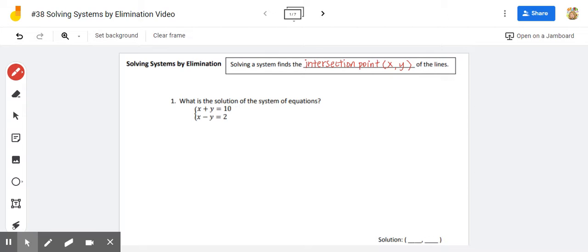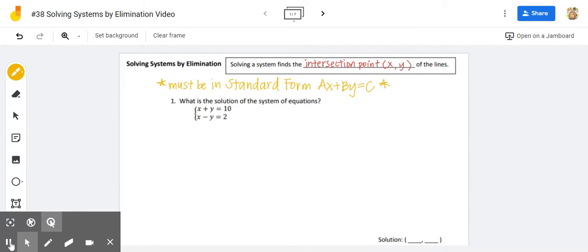So in order to solve these by algebra, first and foremost, you need to make sure that your equations are in standard form. Since these equations are already in standard form, we are going to look to find which one of these variables or letters can I get rid of, or we call that eliminate.